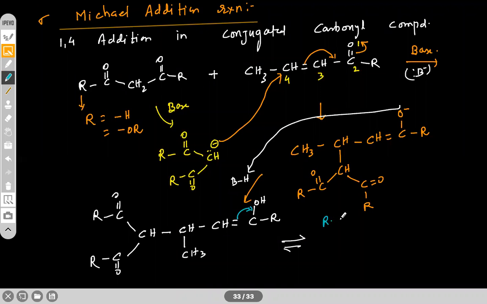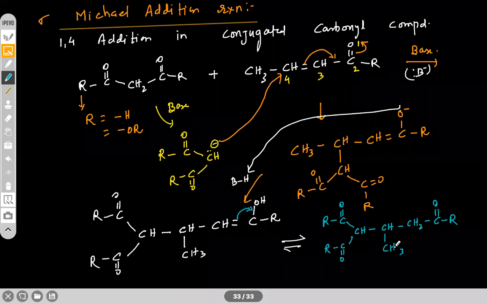So we'll get R, C double bond O, CH, C double bond OR, CH, then CH2, C double bond O, R, and here we have CH3. Okay, this is the product we have. We are just using the base here.